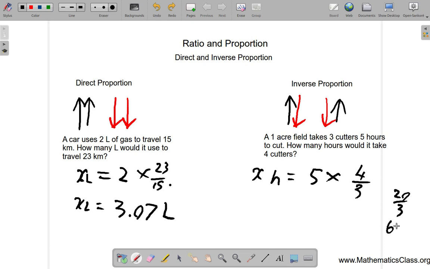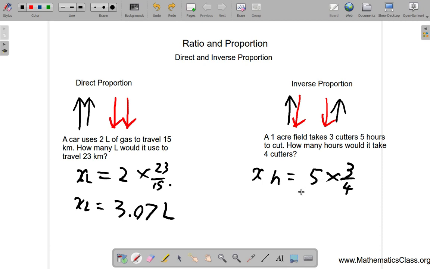It cannot be more than 5, so something would be wrong with that. So immediately you would know that what you should do is put the 3 over the 4, because 3 quarters multiplied by 5 would give you a value smaller than 5.